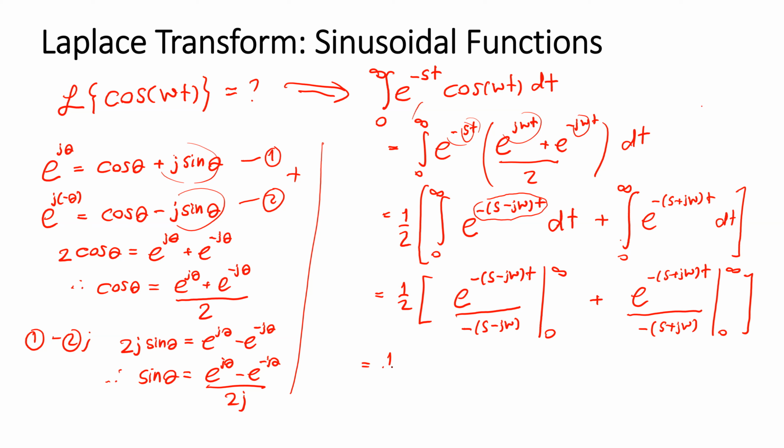And almost done. When time equals infinity, e power minus infinity is 1 over e power infinity, which is 0. Minus is going to be plus, and s minus j omega, and e power 0 is 1.